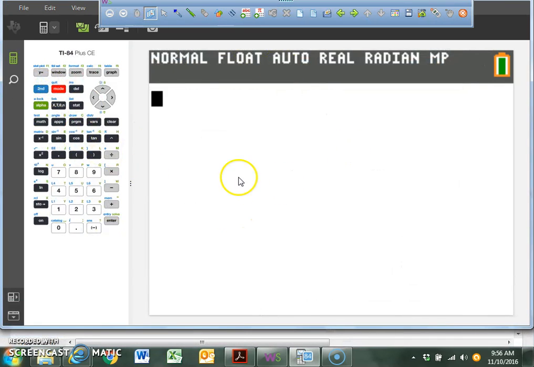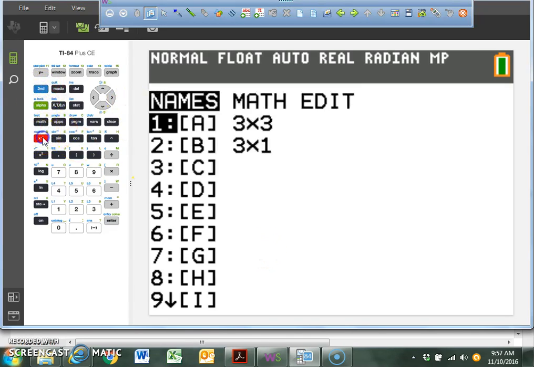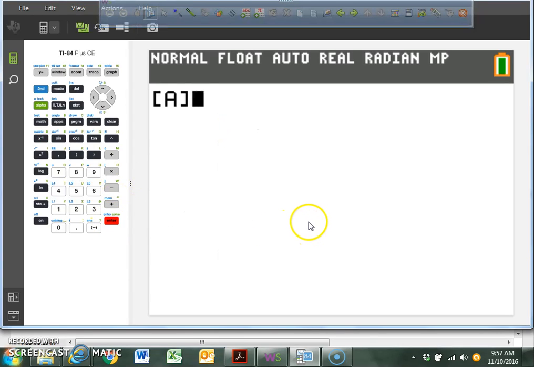Second mode gets us back to the screen. Then second matrix. I want you to choose matrix A, but we don't want just A, we want the inverse of it. So the inverse button is right here.